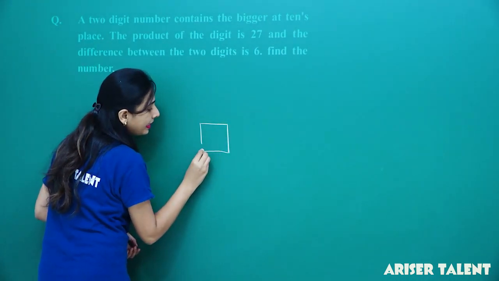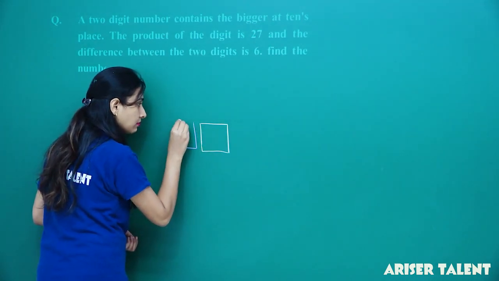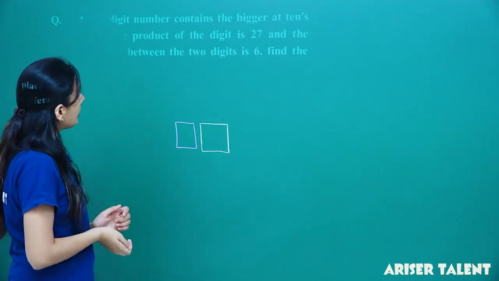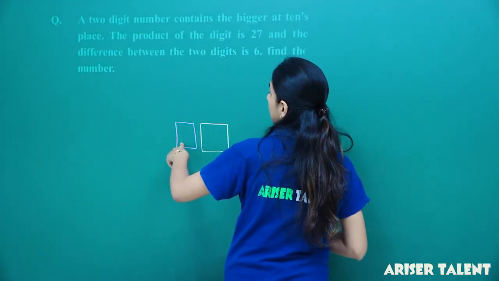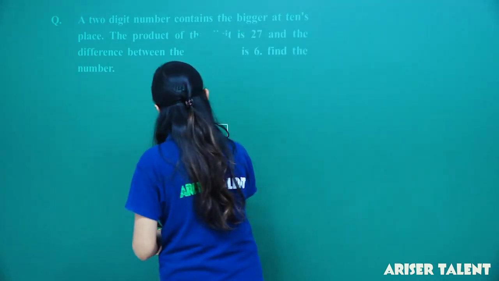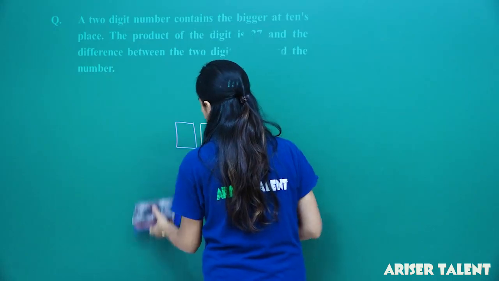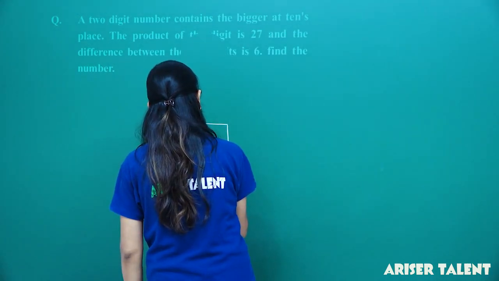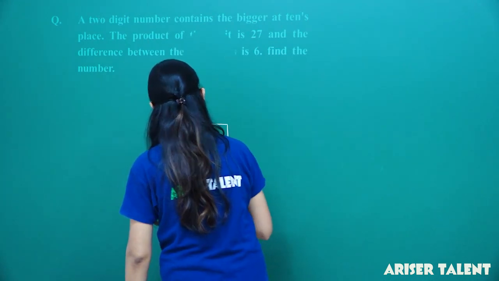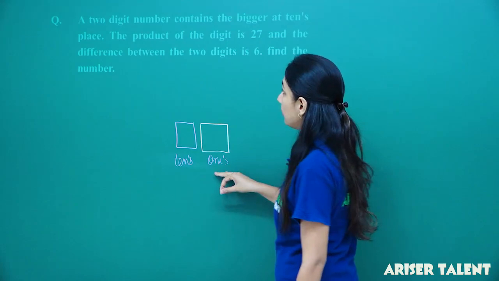This is the ones place and this is the tens place. Now, it's saying that this is the bigger one and it's the tens place, so the tens place is bigger and the ones place is smaller.